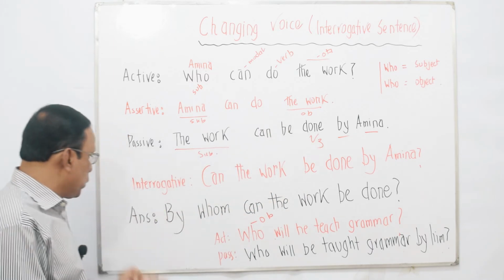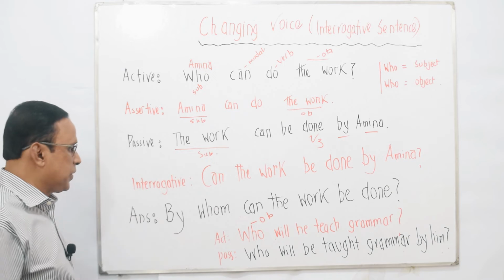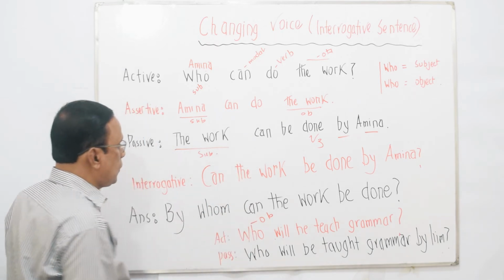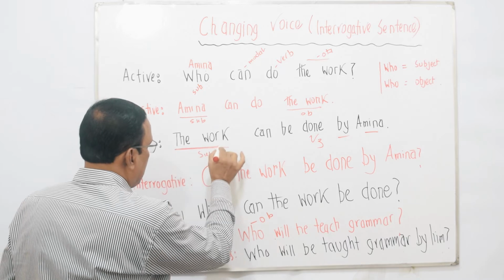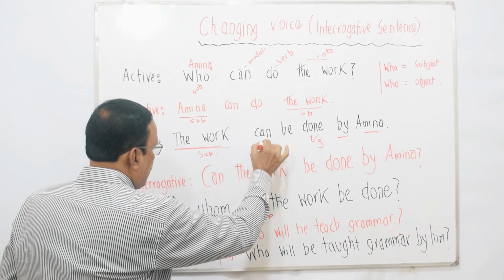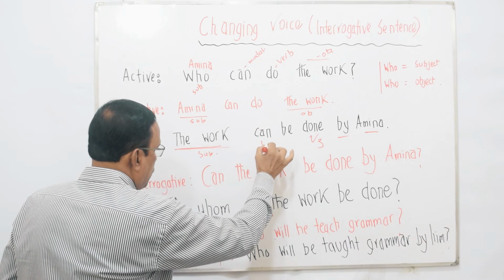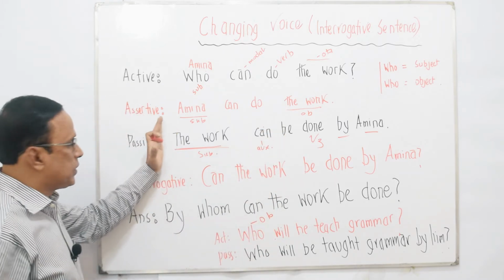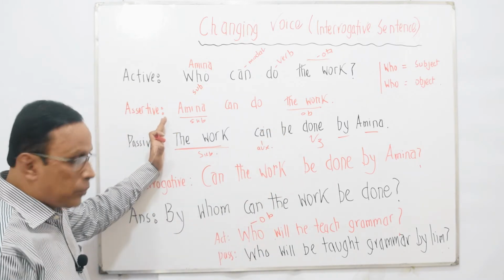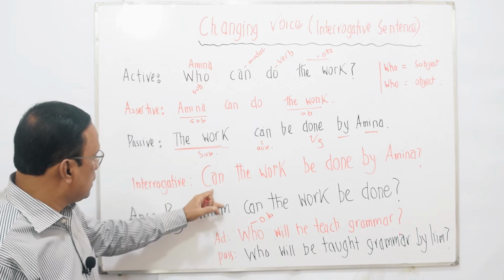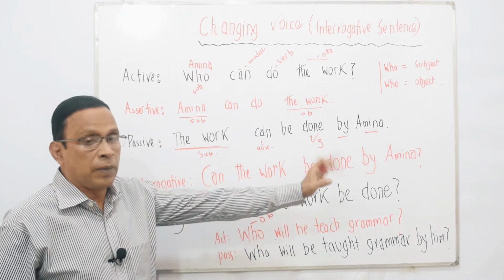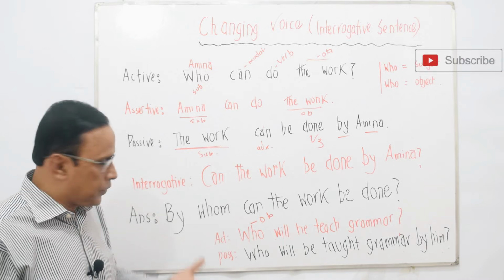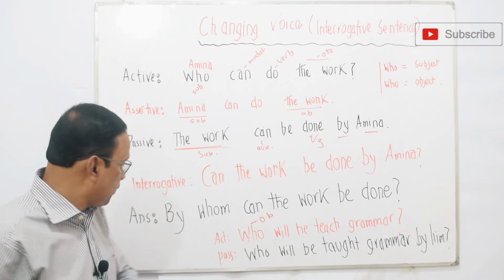Our next step is making this sentence an interrogative. This is the subject here, and this is the modal auxiliary verb. Take this at the beginning and place it here. So what we have found is, can the work be done by Amina? So we have the very last sentence to have the answer.